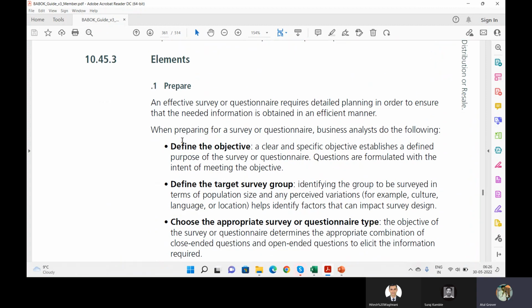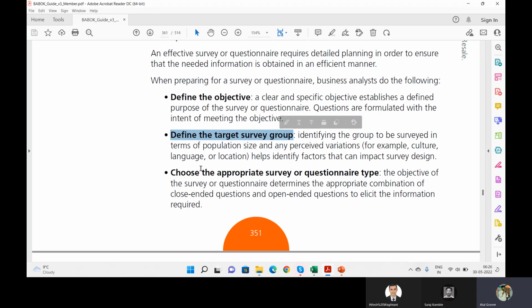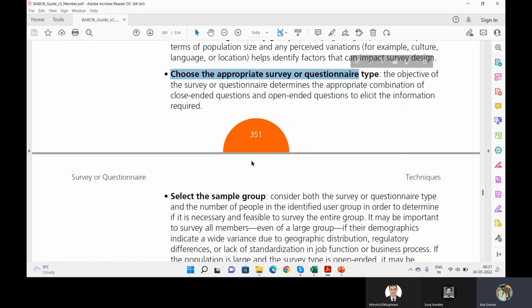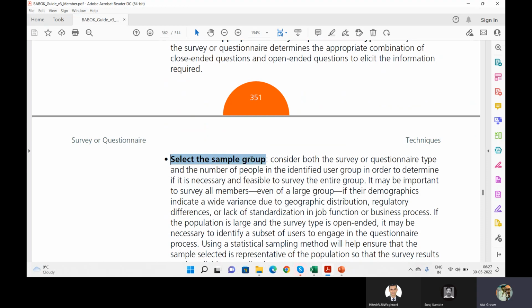Elements. Prepare, define the objective very clearly, target groups like interview, and choose the appropriate survey, the questionnaire type, open-ended or close-ended. Select the sample group, very important.